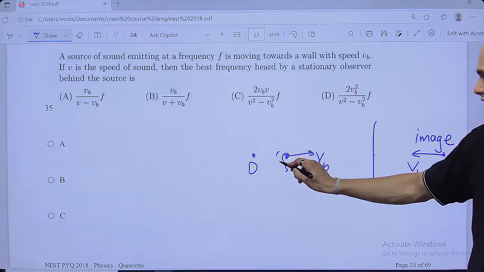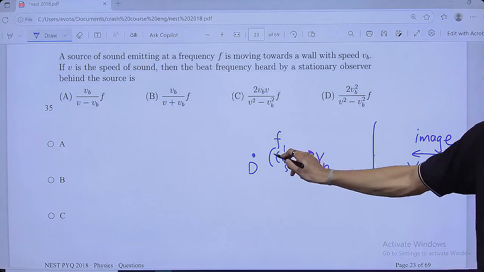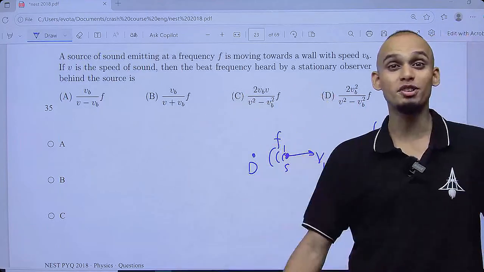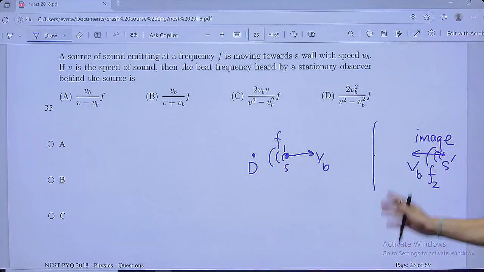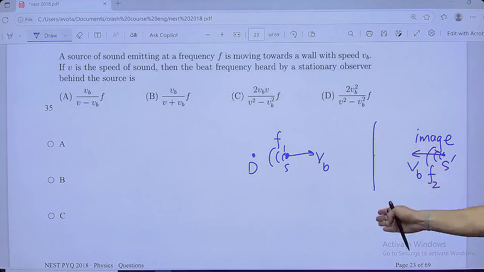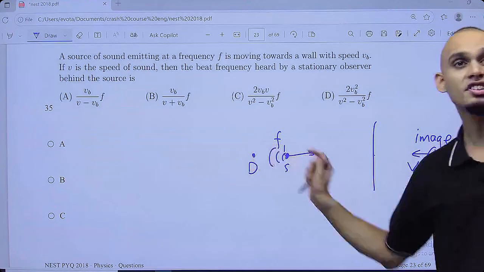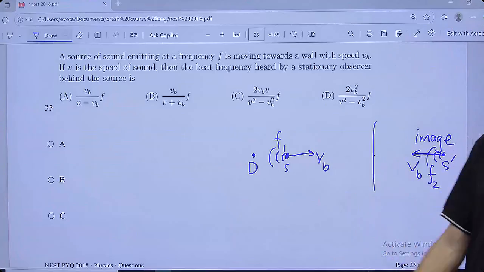So the detector will hear one frequency f1 from this source and one frequency f2 from the image source also, and their difference in frequencies will be the beat frequency observed. Again, for all problems involving reflection of sound, simply draw an image source considering the wall to be a mirror, and the sound emitted by the image source will be the sound heard by the detector also.